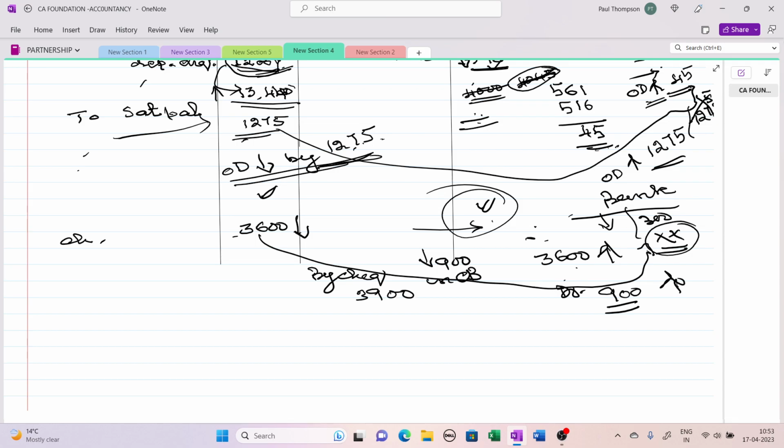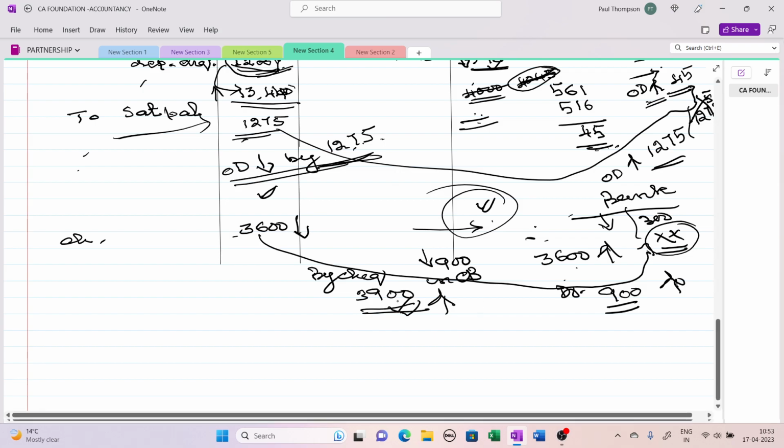The moment I make the payment, my overdraft will go up. I have written and my overdraft balance has gone up. But in the bank, the fellow has not presented it for payment and so it has not got debited. So in my bank, my overdraft is less by 3,900.